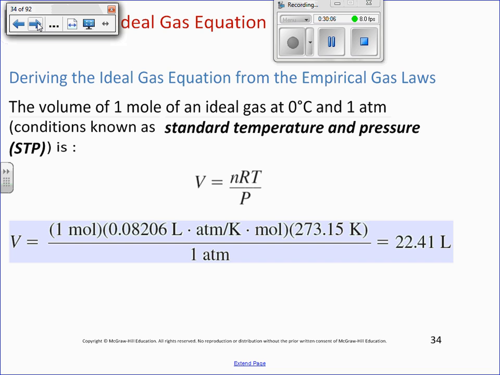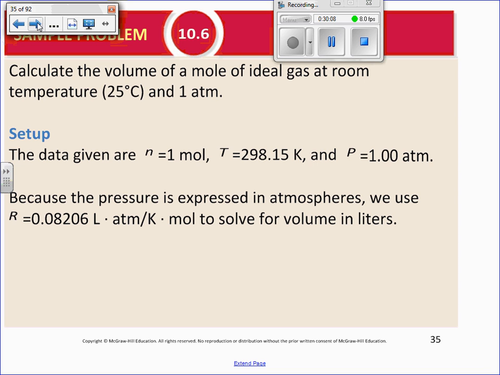So calculate the volume of a mole of ideal gas at room temperature and 1 atmosphere. So we know we have 1 mole. There's the temperature, 298.15, and the pressure of 1. Now, because the pressure is in atmospheres, we're going to use R is equal to 0.08206 liters.